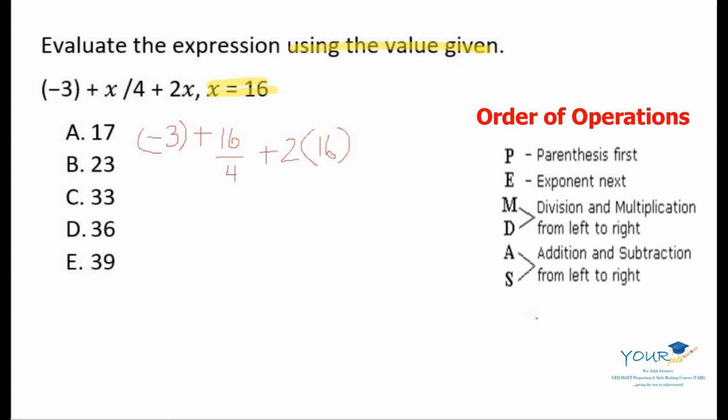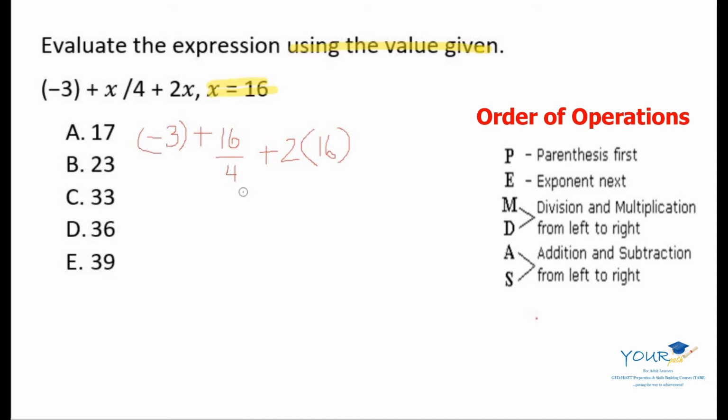So now that you have rewritten your expression here, all we have to do now is move from left to right. However, we must first take care of our division and multiplication because they come before your addition and subtraction. So let's do that.